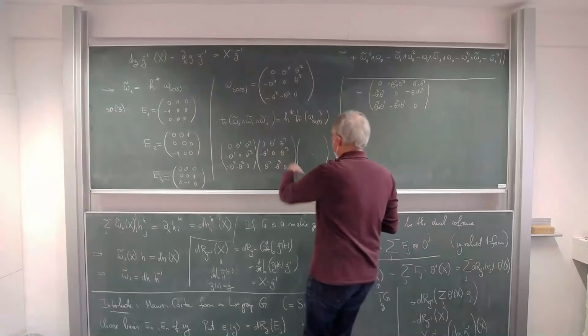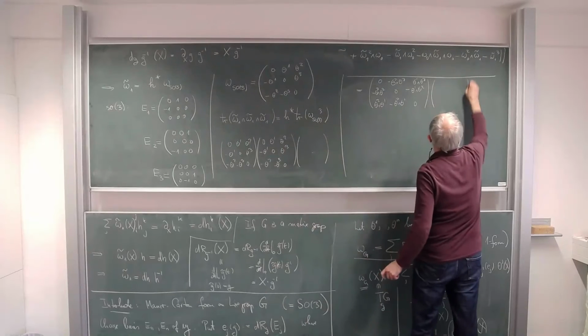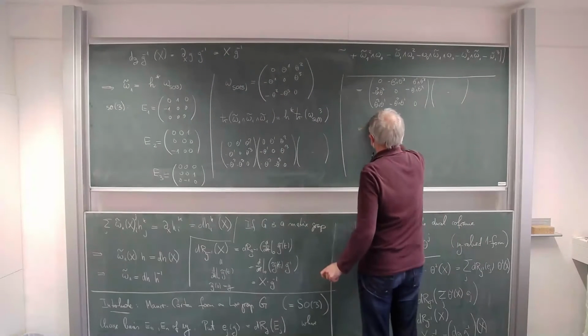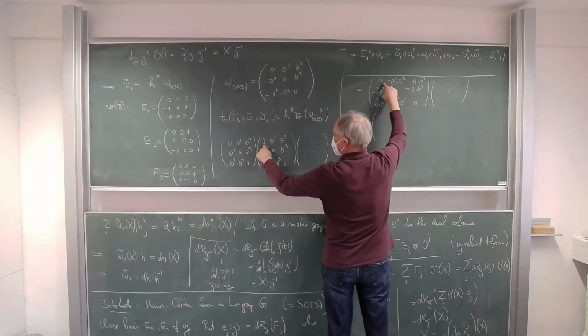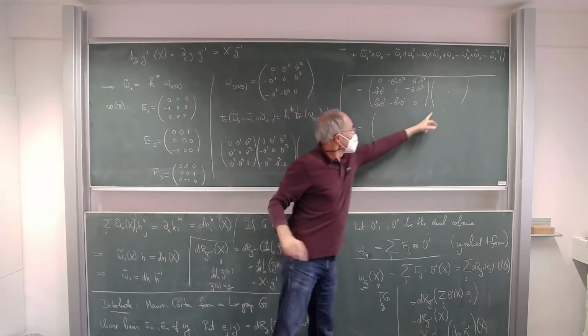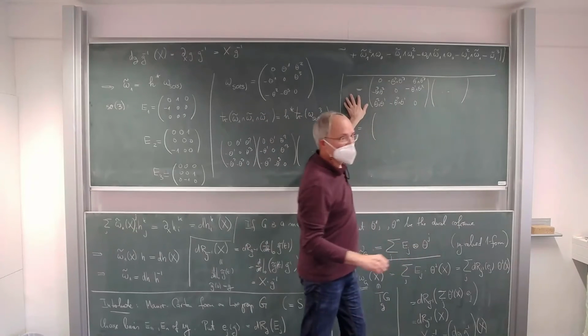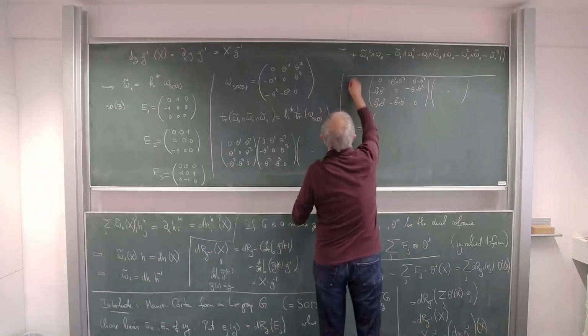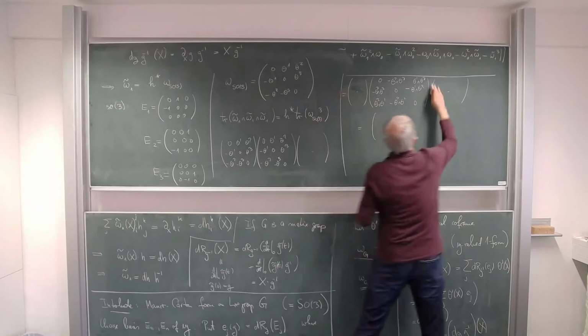And now times another copy of this matrix, which gives me what? 0. Here I get, so I have to be careful because this is multiplied from the right, right? This stands to the right. I can also put it here, and then maybe that's easier so that confusion is less likely.